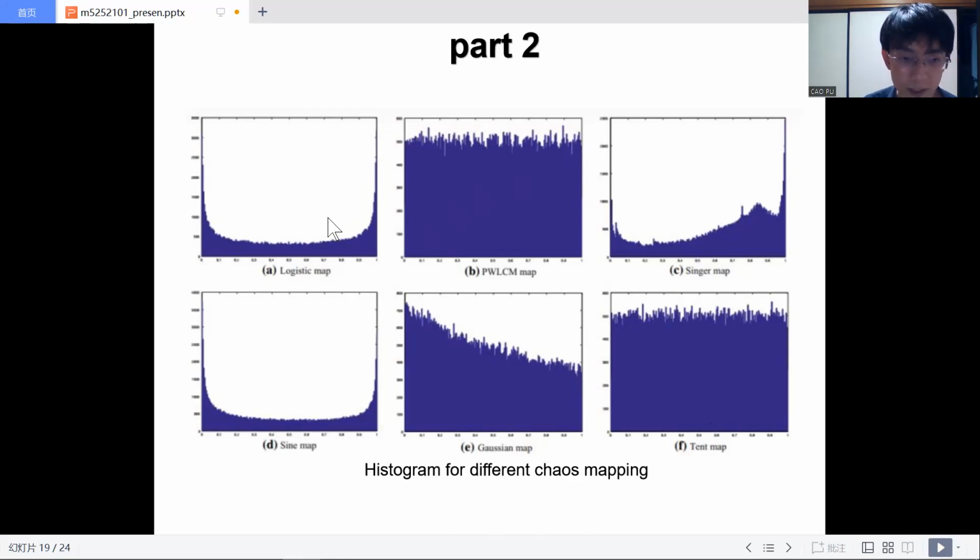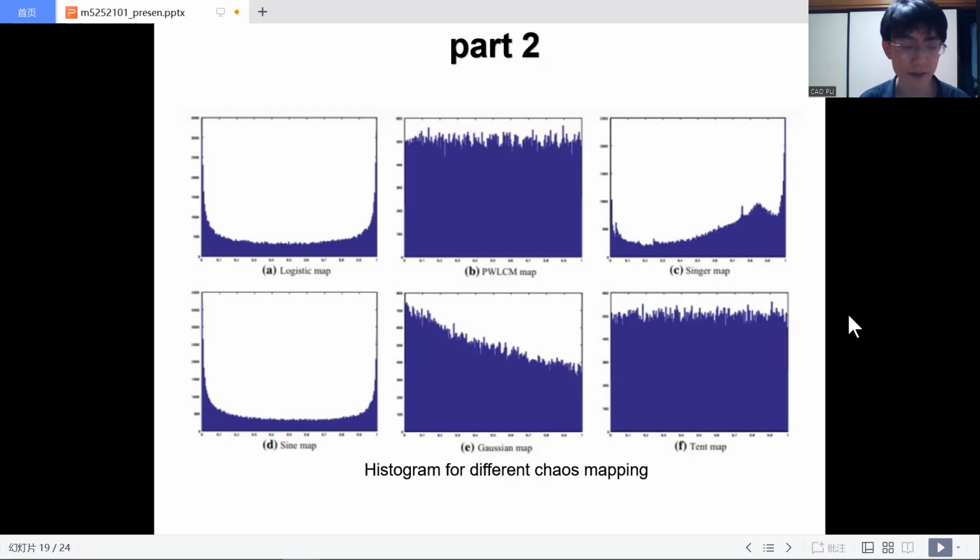We can see that the logistic mapping and sine mapping got very similar distributions, with a higher probability to get results from 0 to 0.1 and 0.9 to 1. But for the tent mapping, we cannot see any feature from this distribution. It looks very random, right?